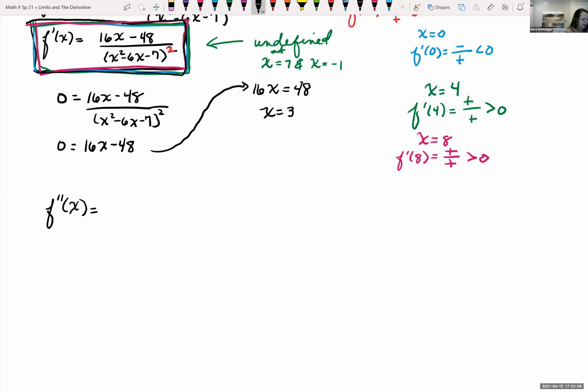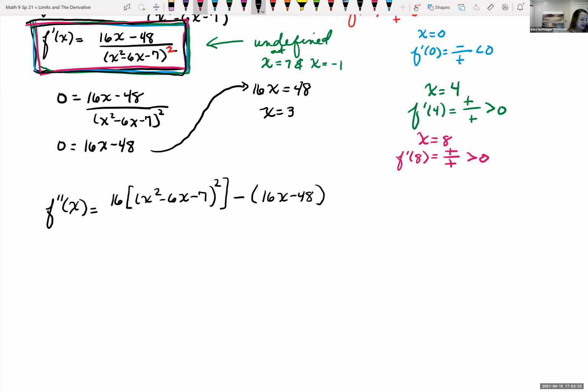So taking the derivative of 16x minus 48, that just gives me 16 times this whole denominator, x squared minus 6x minus 7, quantity squared, minus my numerator, 16x minus 48, all times the derivative of the denominator.